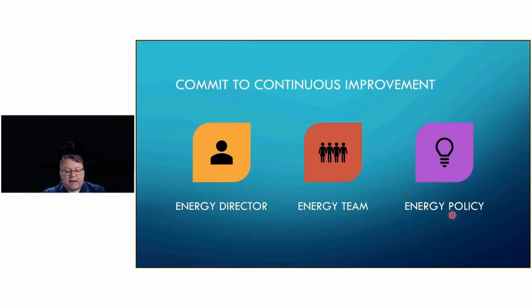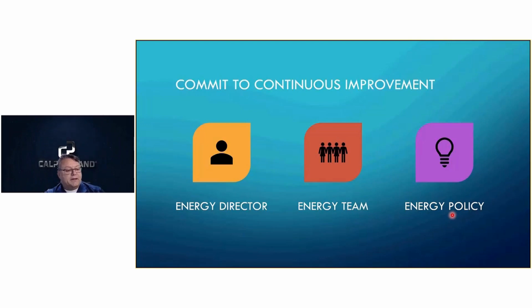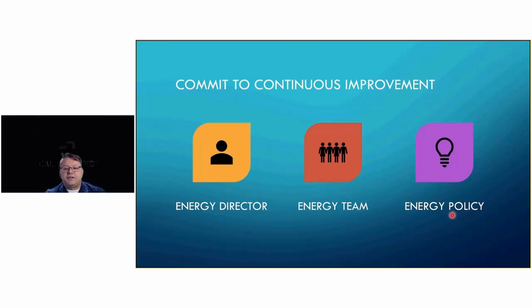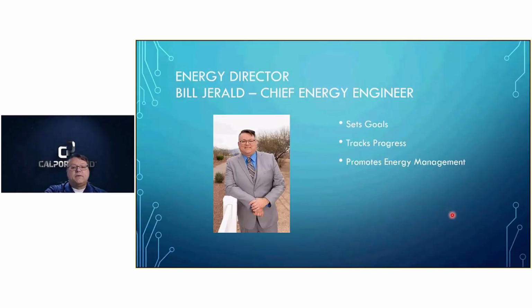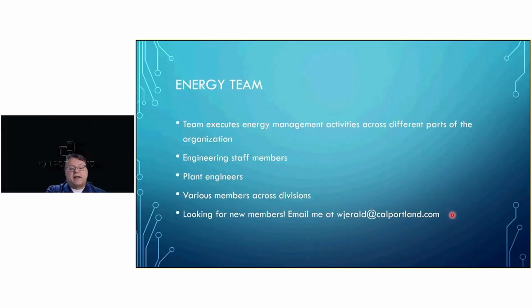So the first step is make a commitment. That's step 1. Here it is. To make a commitment is to have an energy director and an energy team. Very important is the energy policy; we have a Calportland energy policy. I'm going to move on to the policy just to identify it.